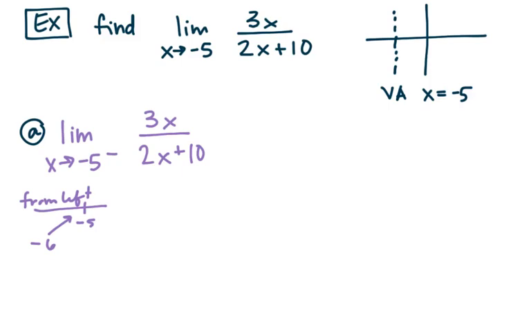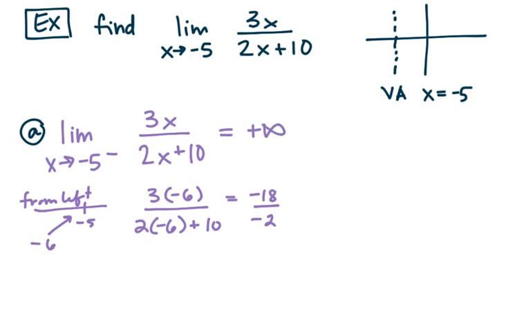All right, so what happens here? If I were to plug in negative 6, I would say 3 times negative 6 over 2 times negative 6 plus 10. And that would simplify to negative 18 over negative 12 plus 10, negative 2. So in this case, because I have negative over negative, I know that this goes to positive infinity.